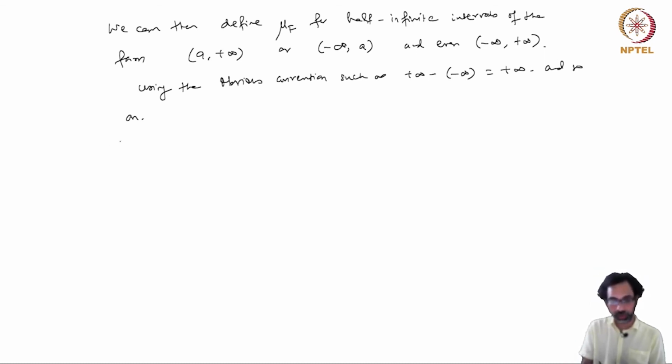Now we can define the elementary subsets of R^D. These are finite unions.